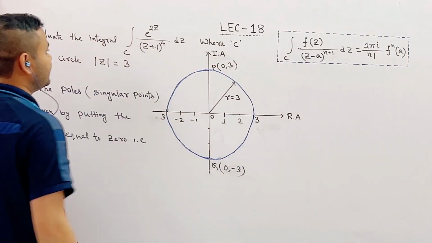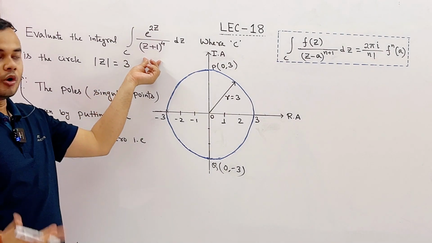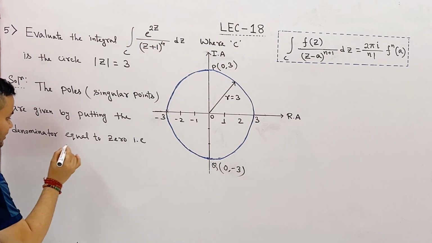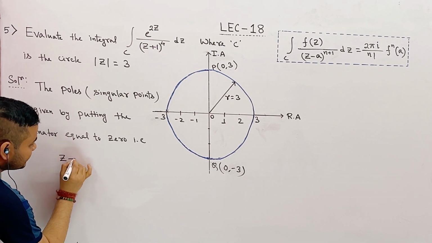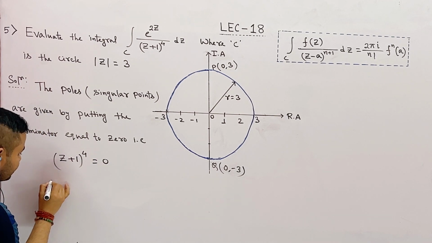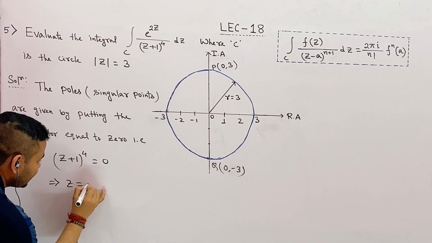We know the singular points or poles can be obtained by putting the denominator equal to 0. That means z plus 1 whole to the power 4 equal to 0. So therefore, we get z equal to minus 1.